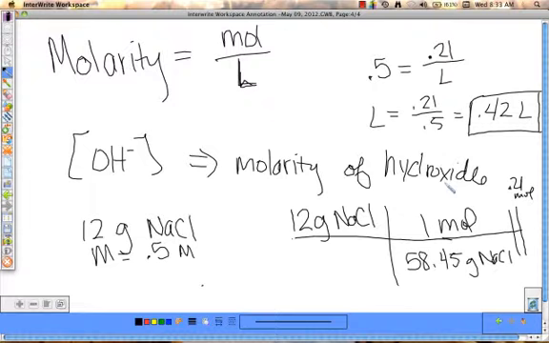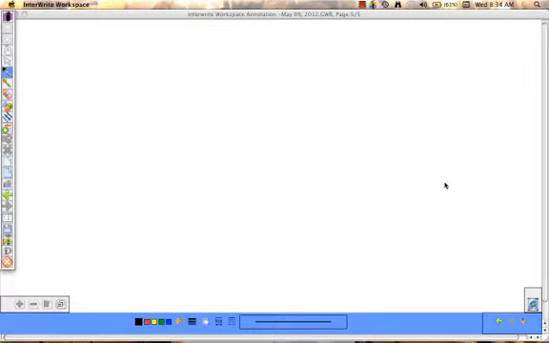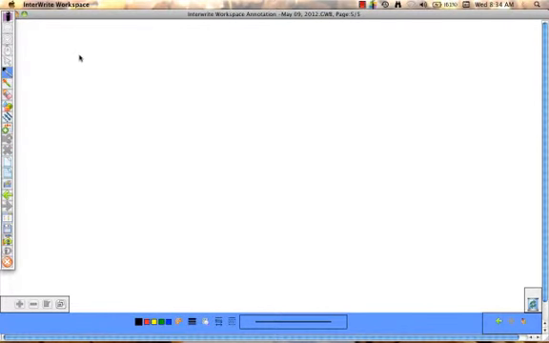So then going back up to calculating hydronium concentration and pH, we have all those equations. If we know the hydronium concentration and want to find the pH, how do we find the pH?